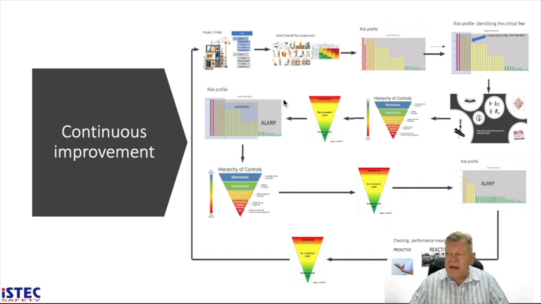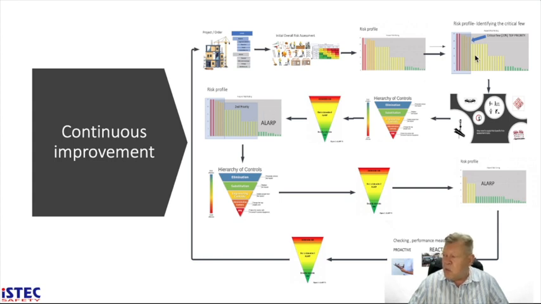We can then refocus our attention on the next level of risks, because what is happening here is that if I apply these controls properly, my risks will be reduced. My risk rating of the hazards will be reduced. I will reduce the likelihood or the severity of the consequences.